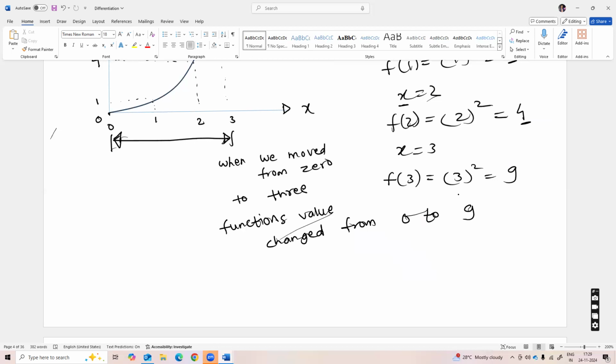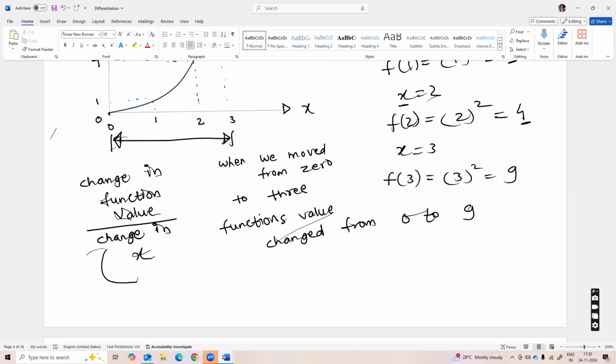Let's write one equation that is basically the change in function value divided by the change in x, or you can call this change in x the increment in x.